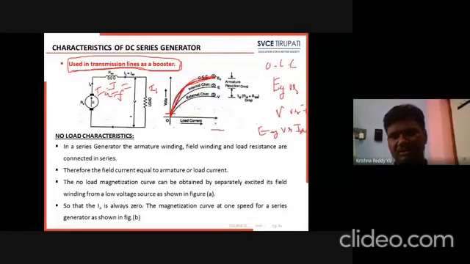It varies with respect to IF or IA or load current. Here we consider the load current, because the armature winding, field winding, and load are all connected in series. In a series circuit, the current is a common quantity.